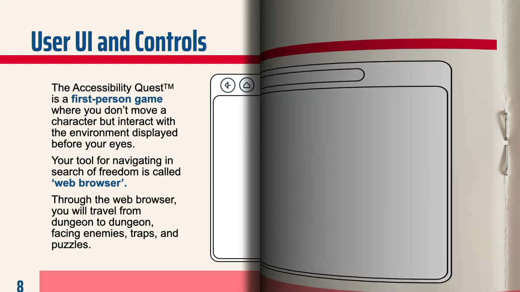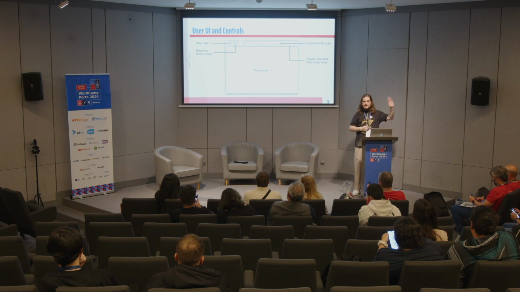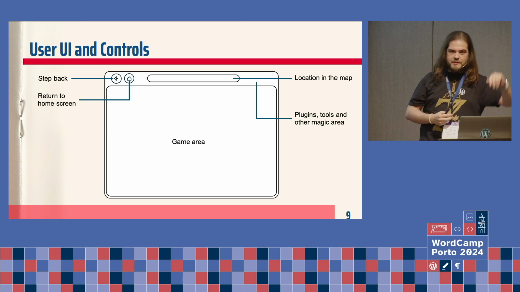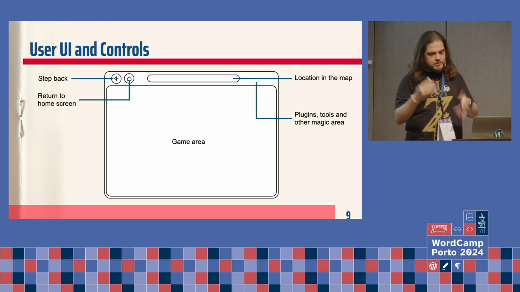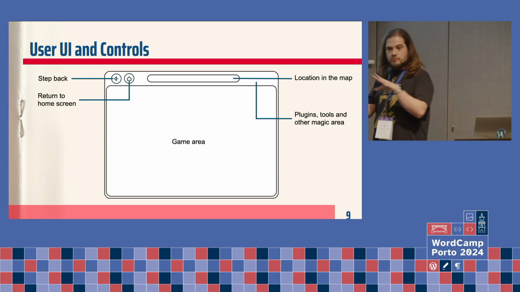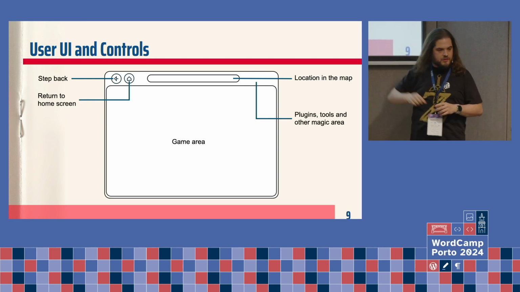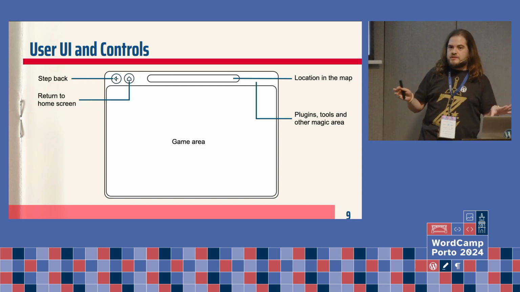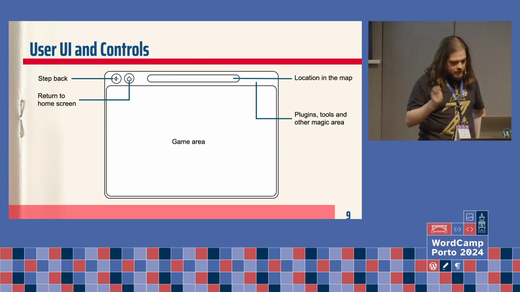In this web browser, you have a main game area, and above this area, you will find on the left a step back button, a return to home screen, an input field where you can introduce the location in the map where you want to play, and an area here on the top right corner where you will find some magic spells known as extensions or plugins, whatever.